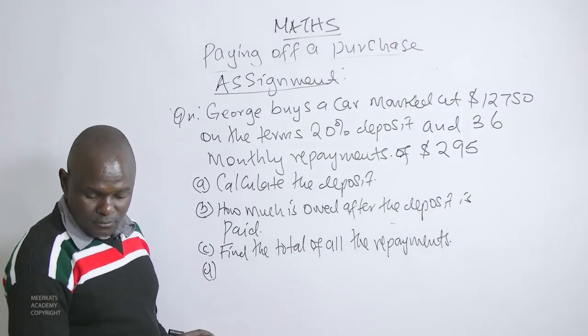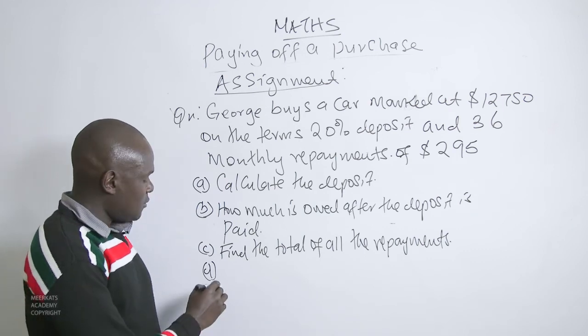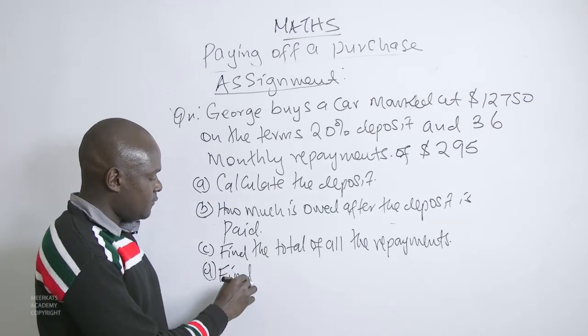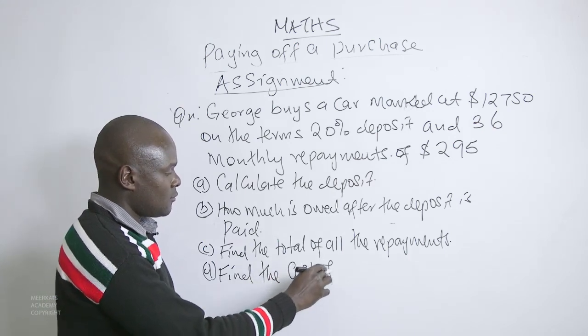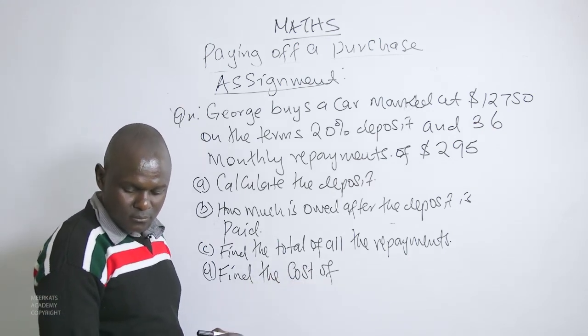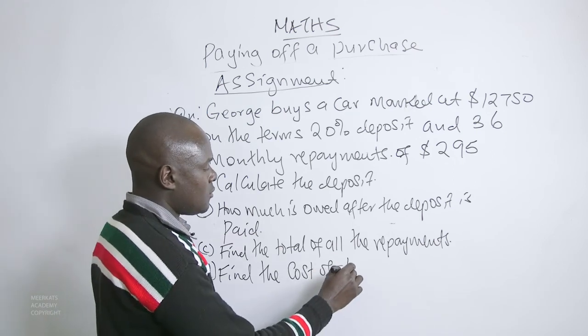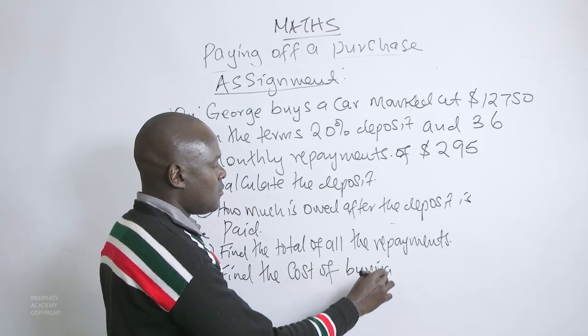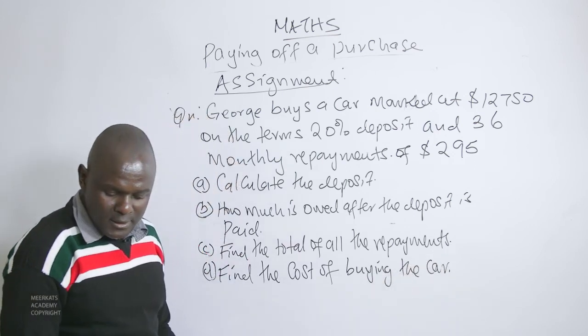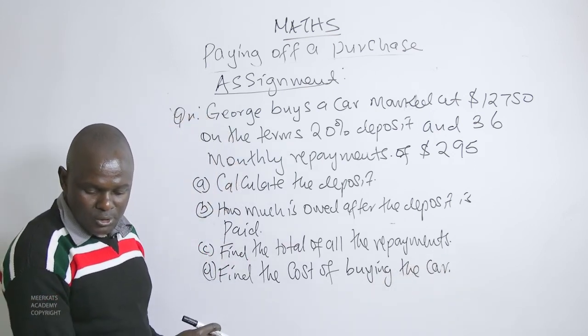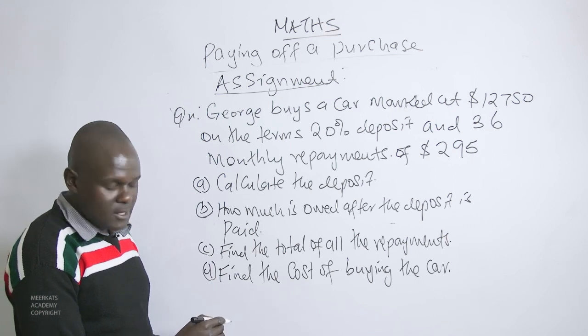Part D, find the cost of buying the car. And lastly, we find the interest George pays on these terms.